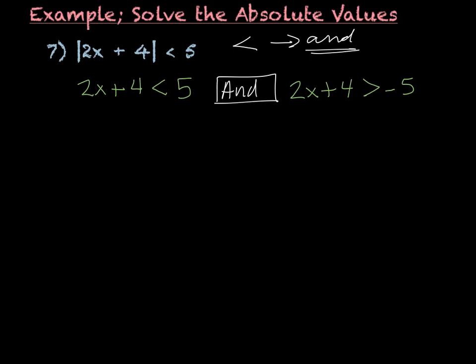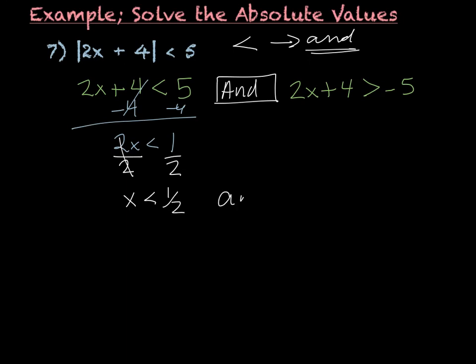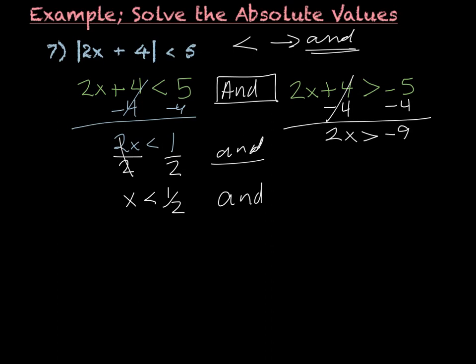Alright, so then just solving here, I'm going to start with the 4, subtract 4, and I have 2x is less than 1. And then the next step is to get rid of the 2, so I divide by 2, and x is less than 1/2. And subtract the 4 over here, subtract the 4, and I have 2x is greater than negative 9.